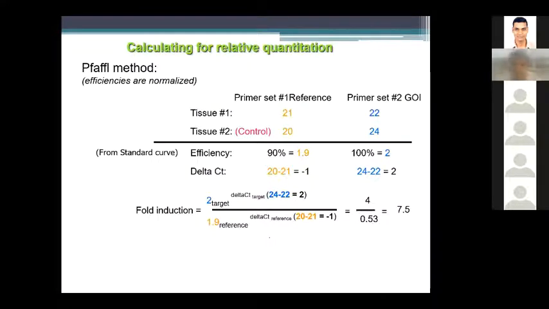By the Pfaffl method for calculating the relative quantification, for tissue 1, tissue 2, and the reference set, we found that the efficiency is 90%, and the other primer set efficiency is 100%. So ultimately the fold induction is also changed. The target efficiency is 2 and 1.9, so ultimately fold expression is about 7.5.